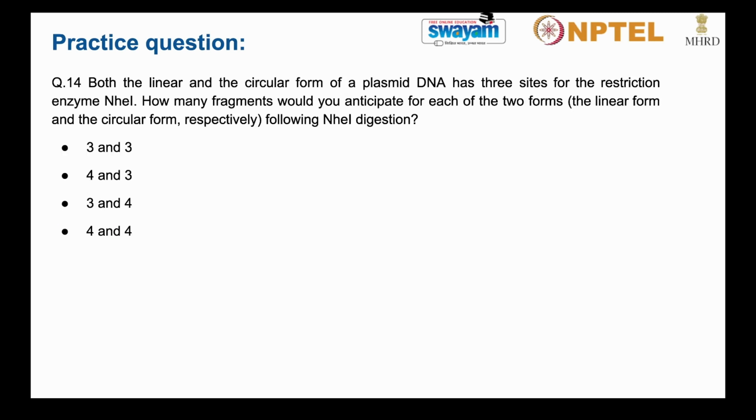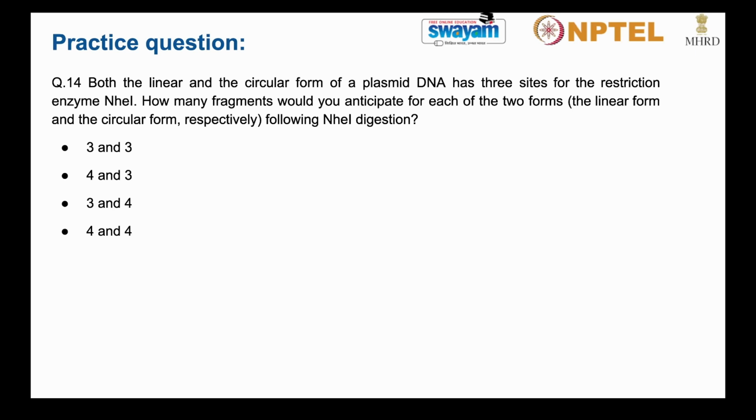Now this is question number 14, which says both the linear and the circular form of a plasmid DNA has 3 sites for the restriction enzyme NheI. How many fragments would you anticipate for each of the two forms, that is the linear form and the circular form respectively, following the NheI digestion? So now you have to answer this question.